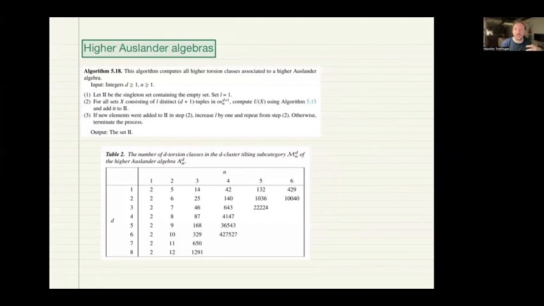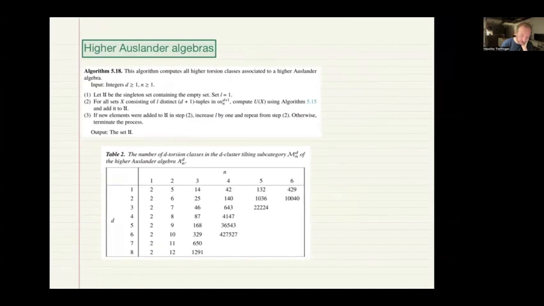And also, we can find all the d-torsion classes within the cluster tilting subcategory inside higher Auslander algebras. This allowed us to build this particular table in which you can find, for any given d and given n, how many d-torsion classes there are.